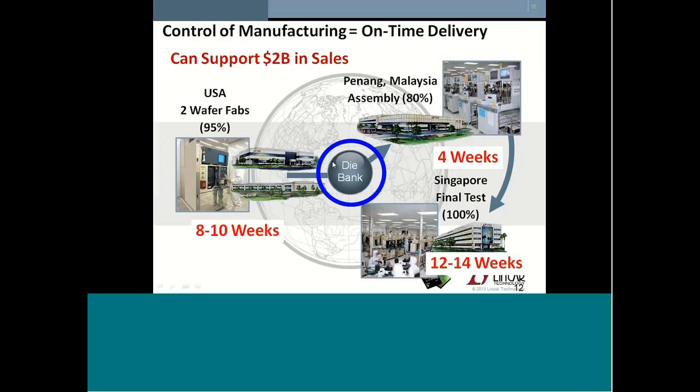Because of the die bank, which is in between the assembly and the production of the wafer, we can shorten our lead time to 4 to 6 weeks, because when the demand comes from the market, we just take the ready wafer, assemble it, test it, and it's ready for the customers in 4 to 6 weeks.